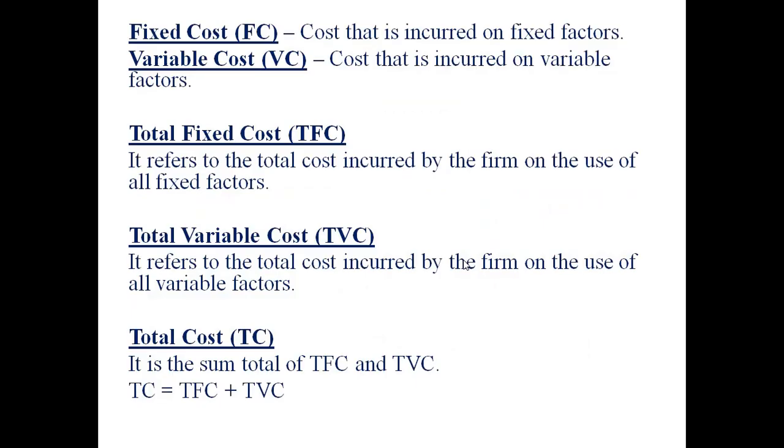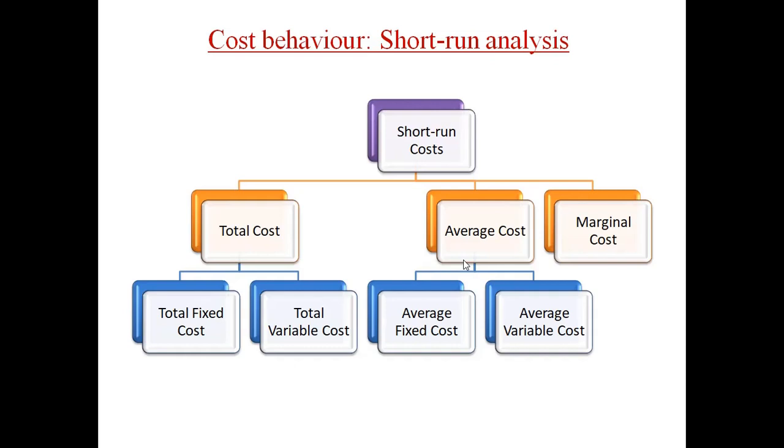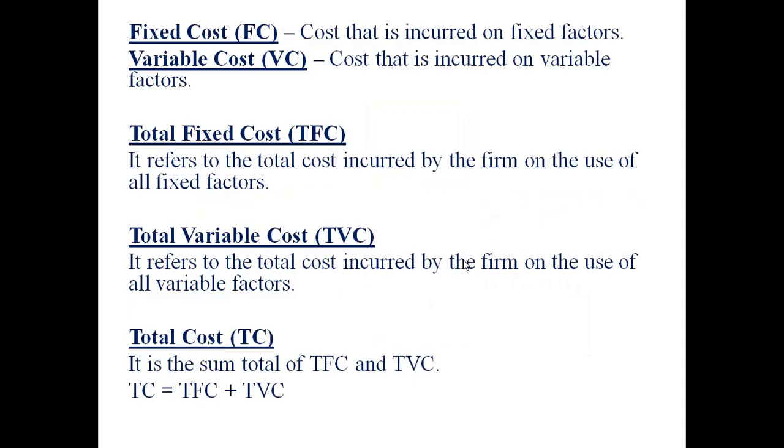But before we move on to the total fixed cost, variable cost, average cost, marginal cost, we must have a look at the fixed cost. One more time, what is fixed cost? By fixed cost, we mean a cost that is incurred on fixed factors. So we already know that be it in the short run or the long run, not in the long run, by the way, because in the long run, all the factors, I mean the scale of output, can be adjusted.